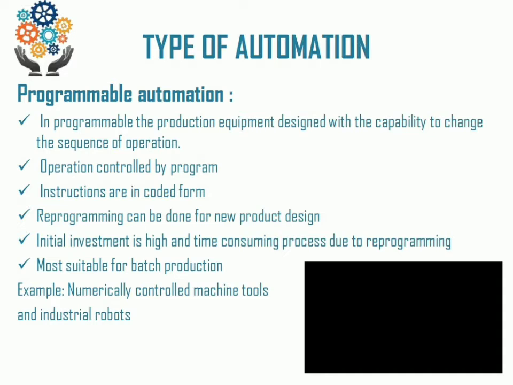The most suitable use of programmable automation is batch production, and the most important examples are numerically controlled machine tools and industrial robots.